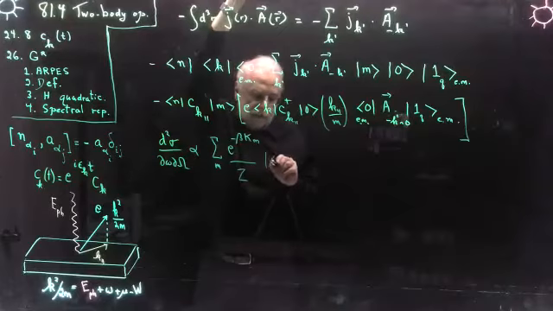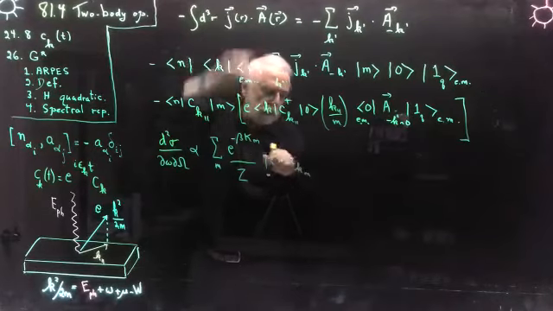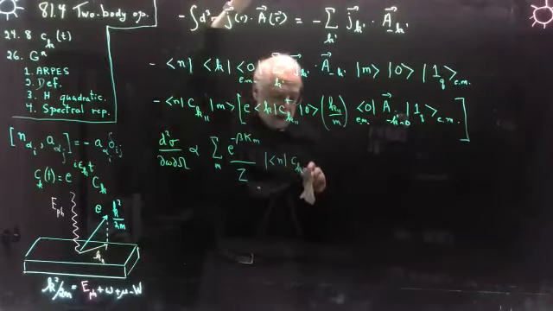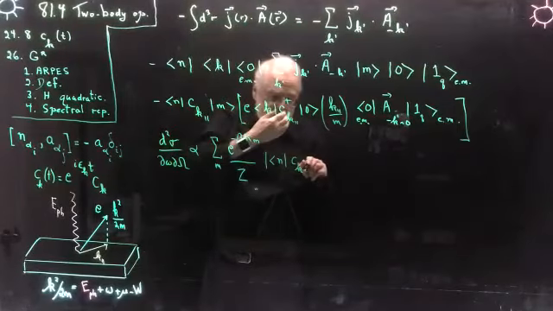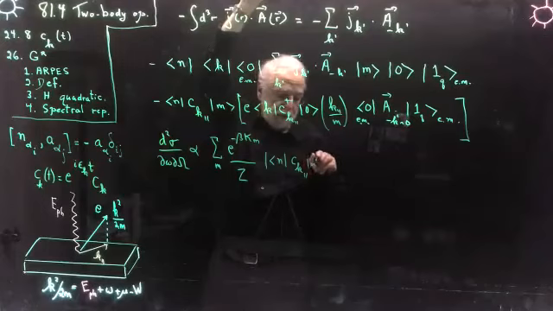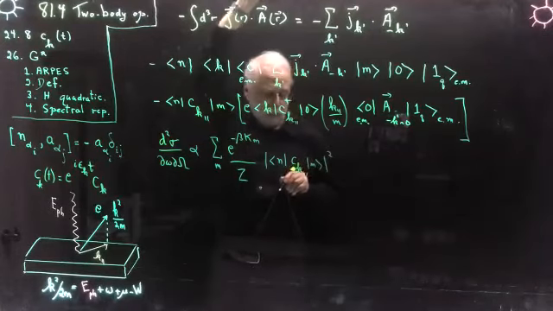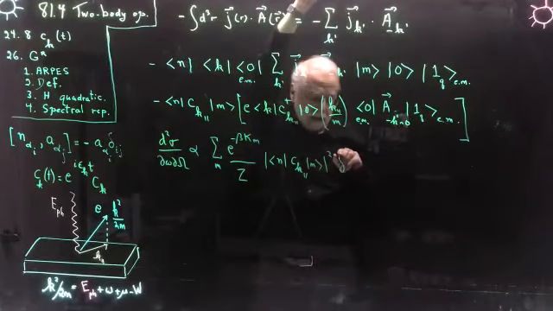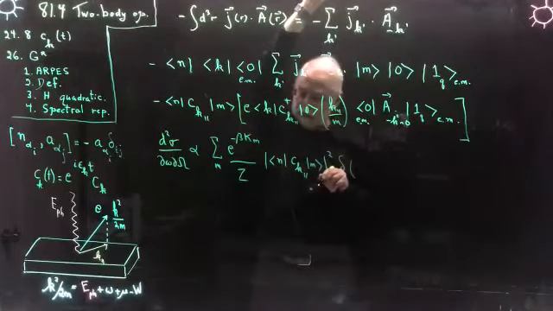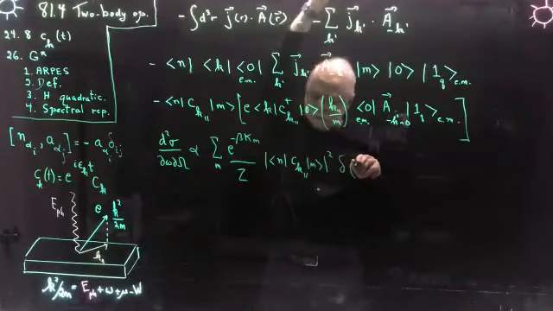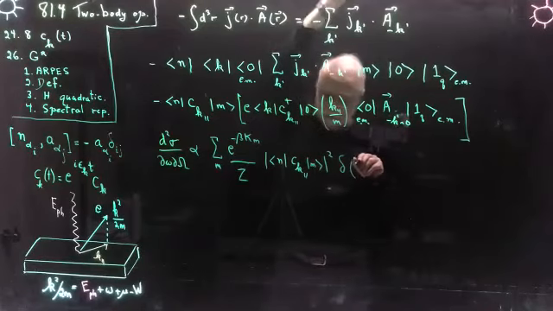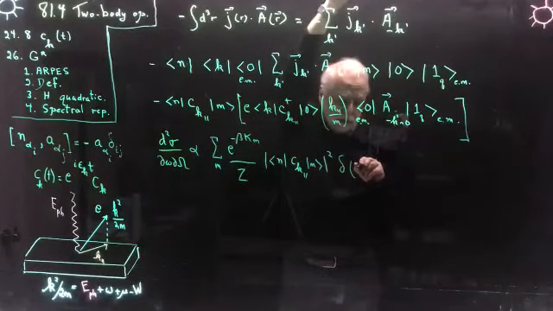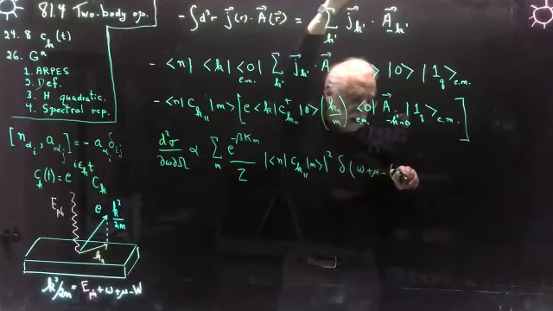So we have N C K parallel M modulus square, and then we have a delta of omega plus mu minus E m minus E n.